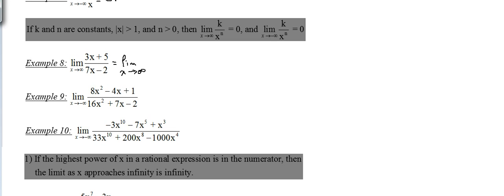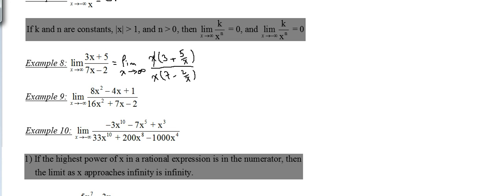So we can take 3x over 7x directly. The answer will be 3 over 7. And why is that? We can factorize, take x common outside. It will be 3 plus 5 over x, over x times 7 minus 2 over x.